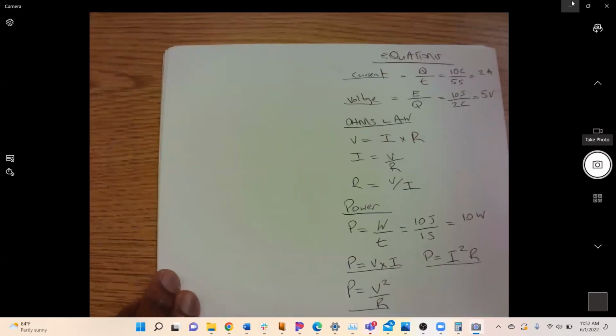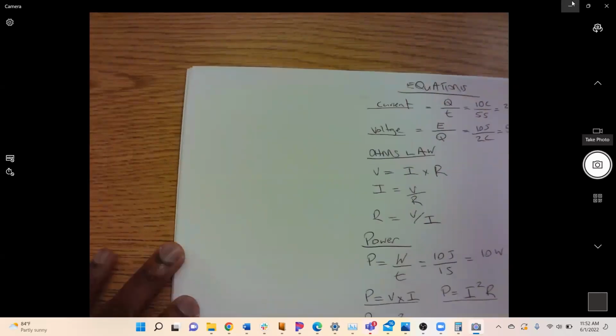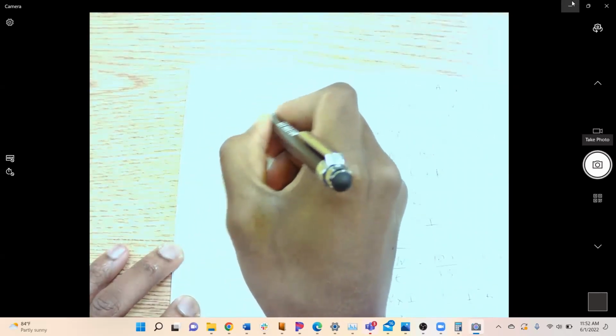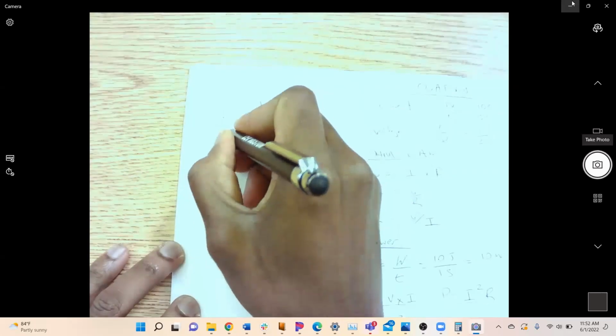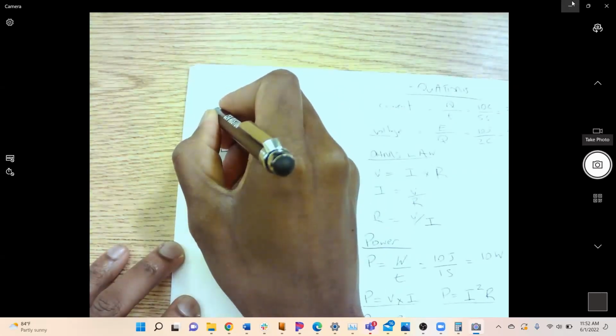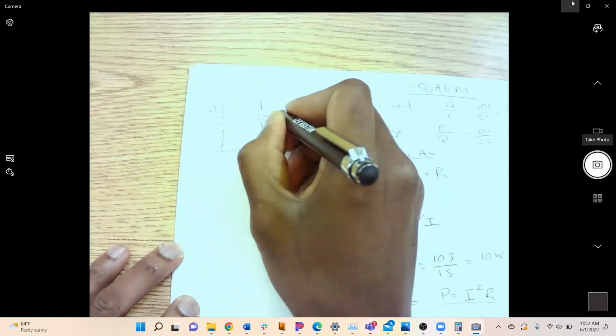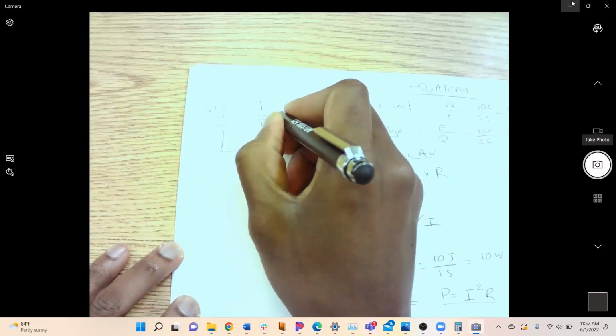So before we end today, let me just give you an example. Let's say we have a circuit with a battery and a resistor. Our voltage here is 10 volts and our resistor is, let's say, 5 ohms.